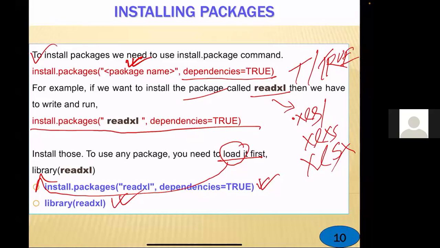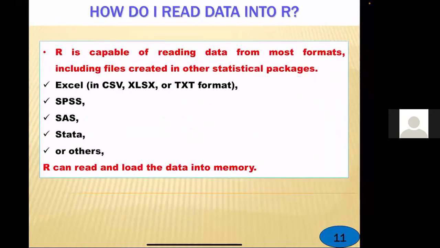Good. Okay, how do we read data into R? R is capable of reading data from different formats, from different software. First one, you can see this is the Excel format. In Excel, you can have CSVs. What do you mean by CSV?